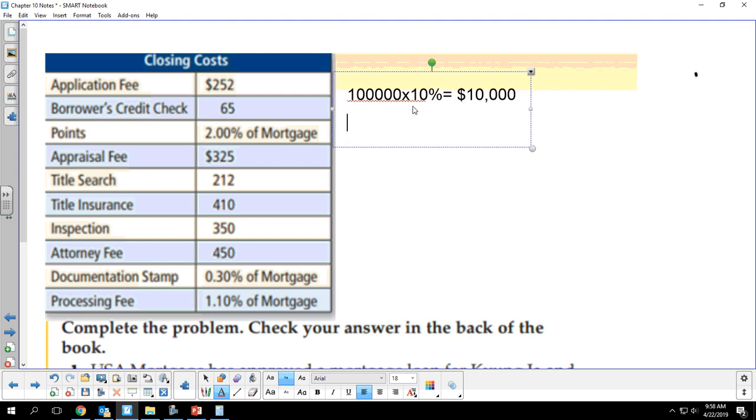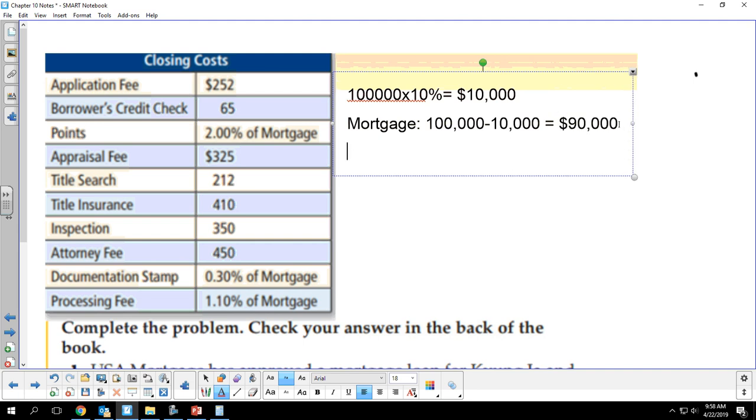So our mortgage is going to be $100,000 minus the $10,000 down payment. I also now don't need a calculator for that either. I know that's going to be $90,000 for our mortgage amount.